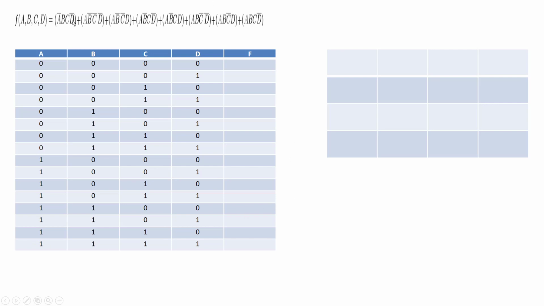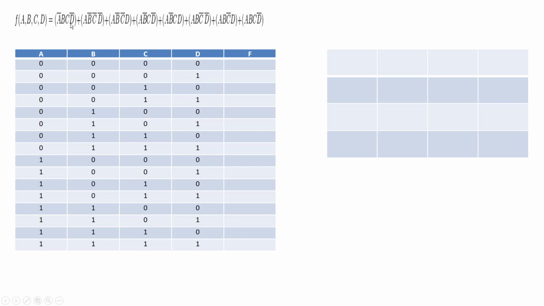Now let's talk about how we would translate this expression into the truth table. This expression is a product of sums. A product of sums is created when each individual term is added together, and between the terms you have an OR operator. A product of sums is always going to evaluate to a 1.